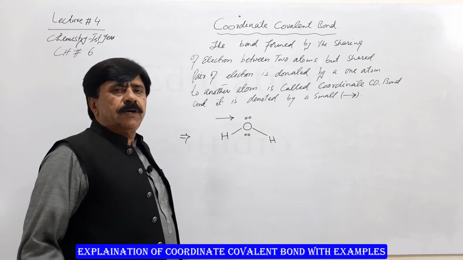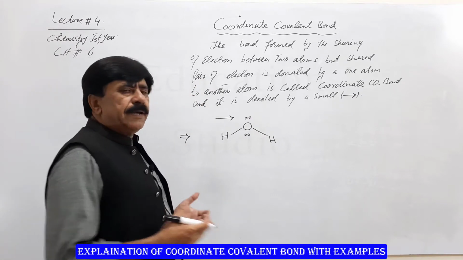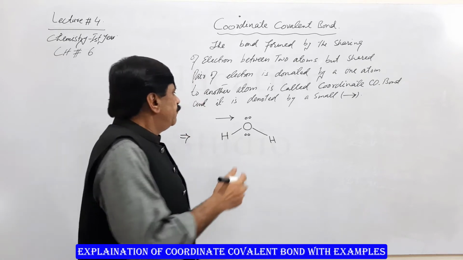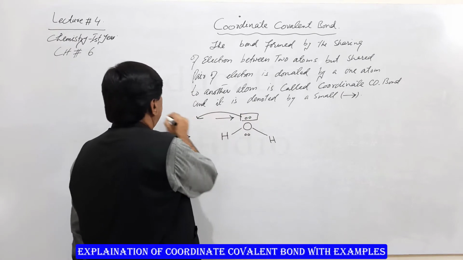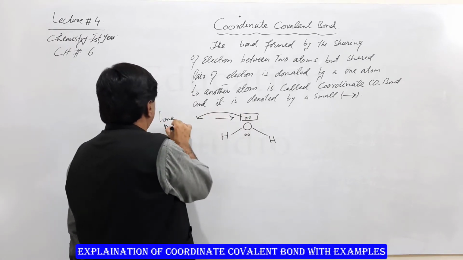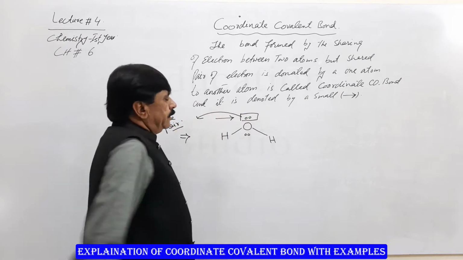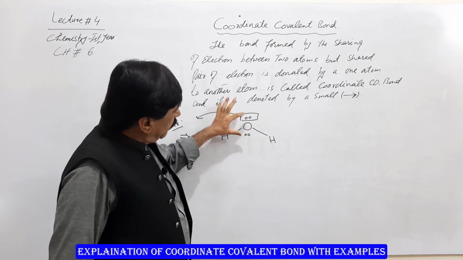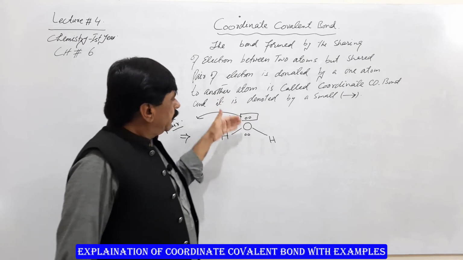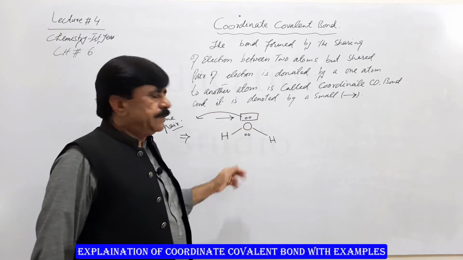What are the lone pairs? Lone pairs are pairs of electrons which don't participate in bond formation, and that pair is called a lone pair. In the water molecule, we see that there are two lone pairs around the oxygen.